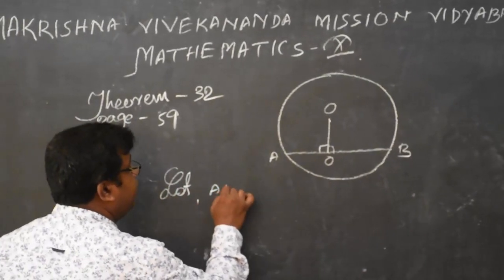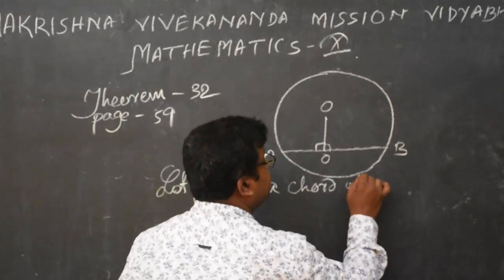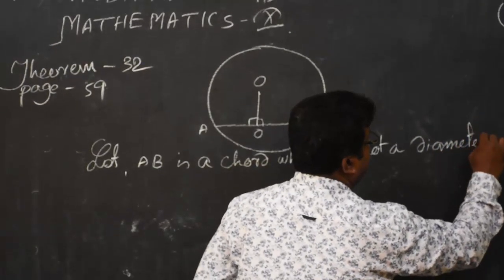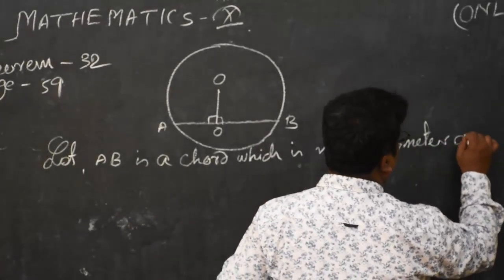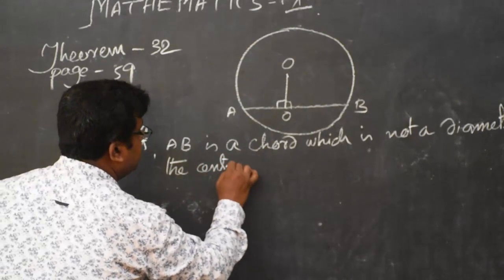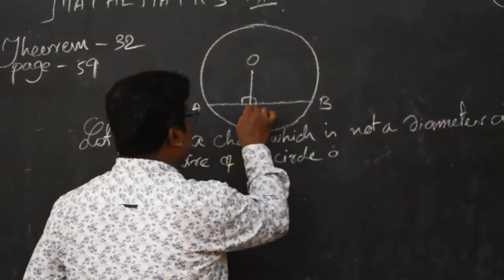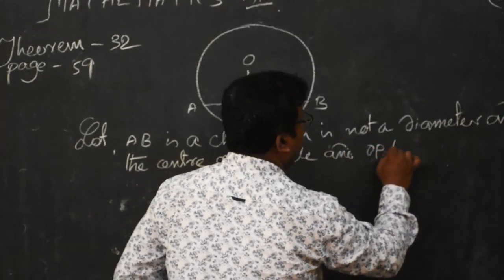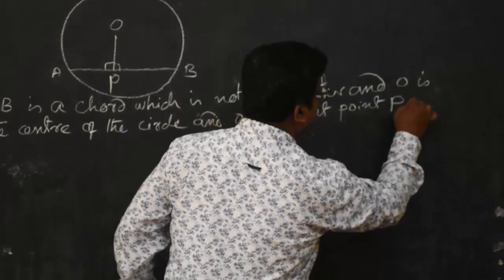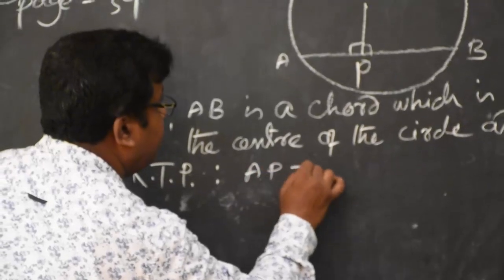Let AB be a chord which is not a diameter, and O is the center of the circle, and OP perpendicular to AB at point P. Required to prove is AP equal to BP.